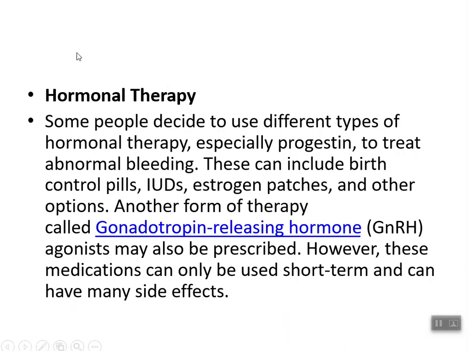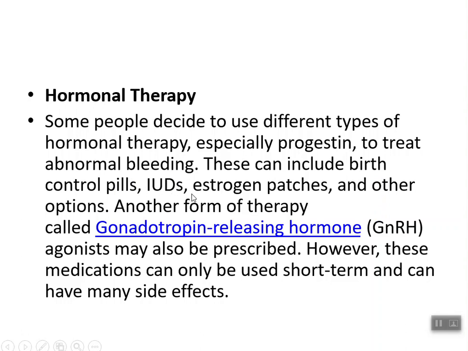Next, there is hormonal therapy, because one cause is hormonal imbalance. Okay? Some people decide to use different types of hormonal therapy according to the doctor's order, especially progesterone, to treat the abnormal bleeding. This can include birth control pills, that is Mala-N and Mala-D. They contain hormones, and they can be used to treat abnormal uterine bleeding.